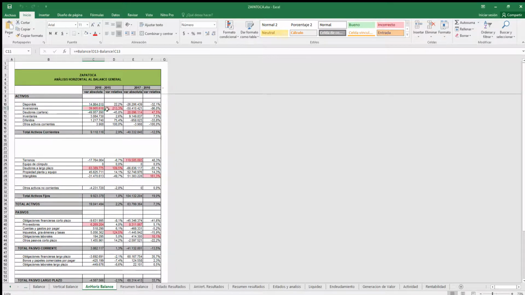In this case, for example, in investments, to determine the absolute variation, we subtract the 2015 value from the 2016 value, and for this we make this formula that is done by the relationship with the available money that we have in 2015.